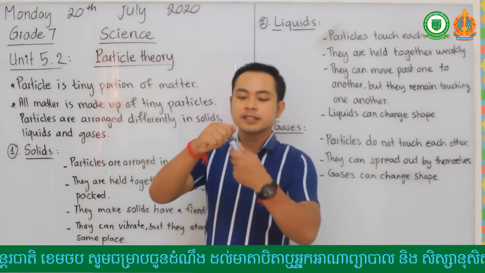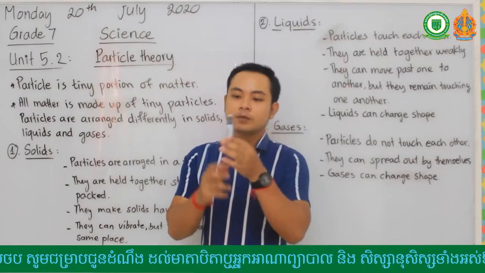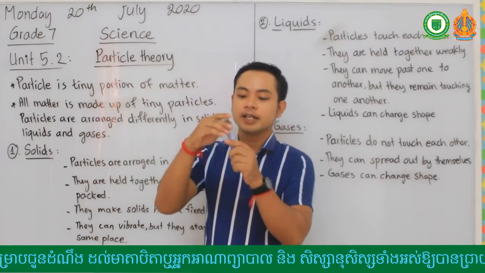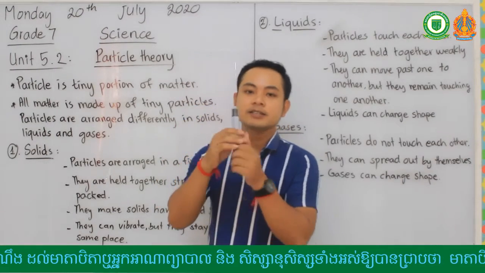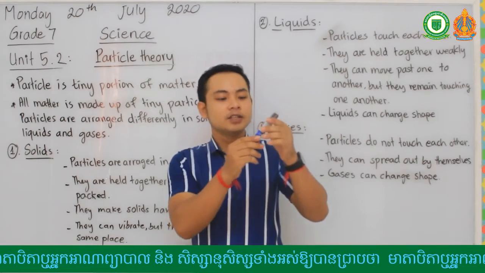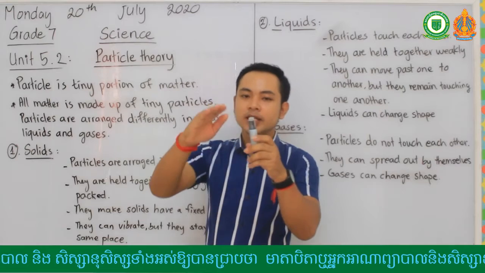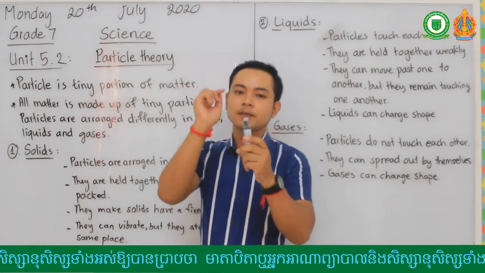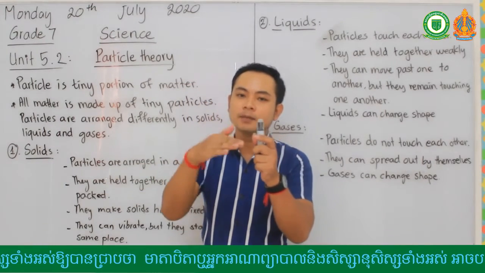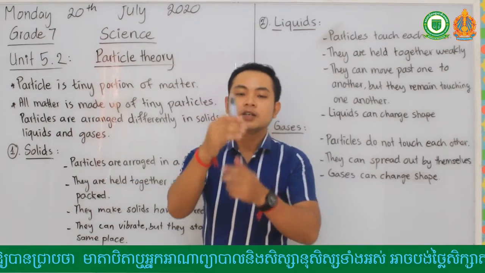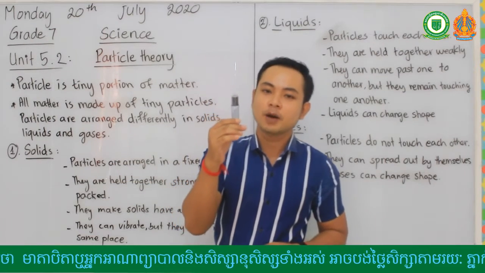For example, this is an object which is solid, right? This matter is solid. Before, you can see this marker, and when you break it down, you can see a lot of particles that are made up together to form this marker.